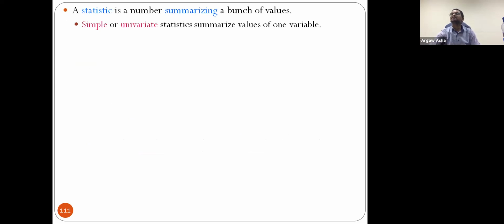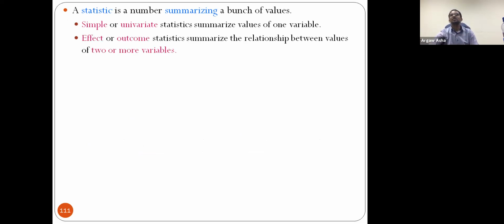Again, statistics is also the numbering, summarizing the bunch of values. We have simple and univariate statistics. You can use some of the effective outcomes whenever your variables are 2 or more. Then you can use a mean.